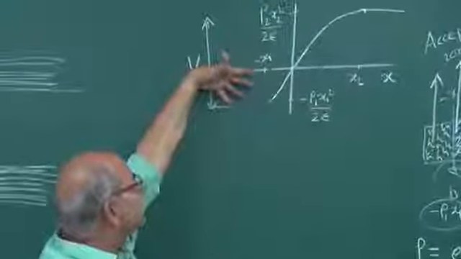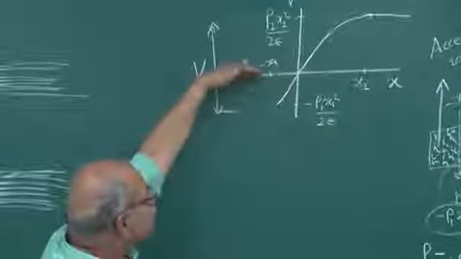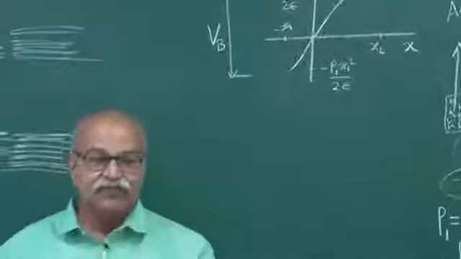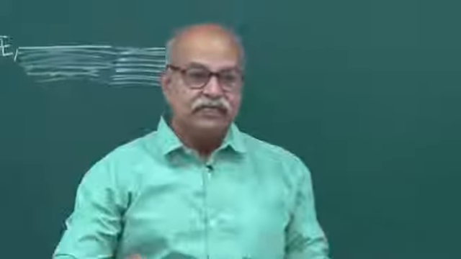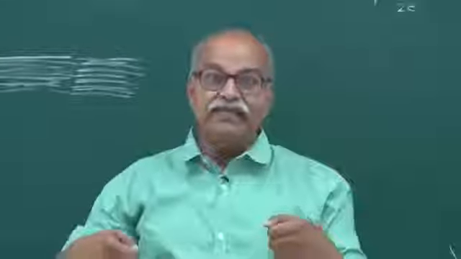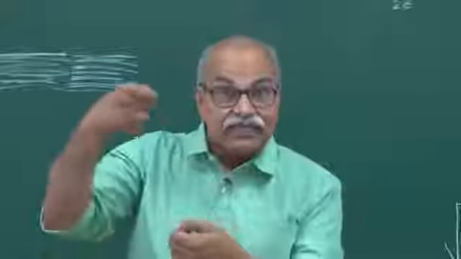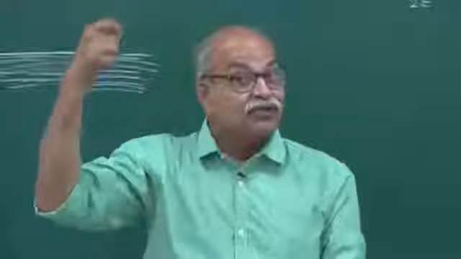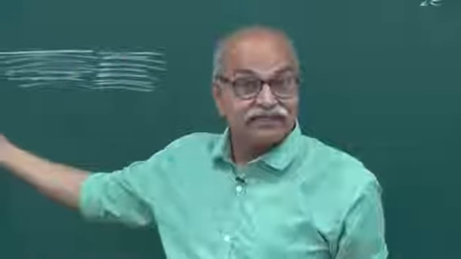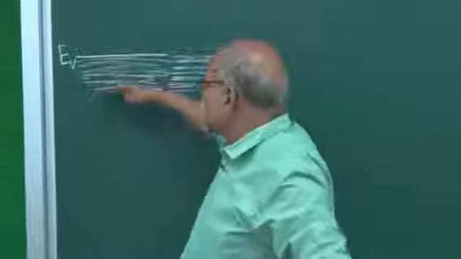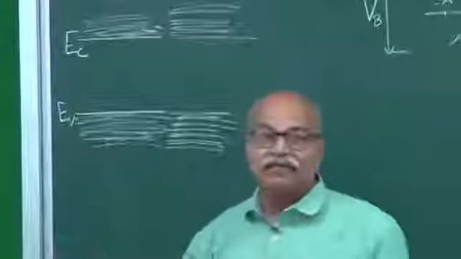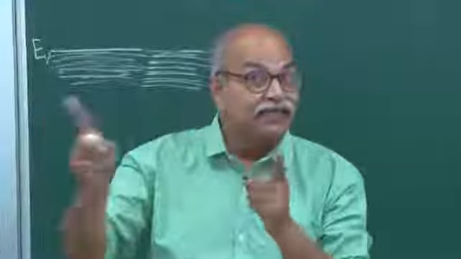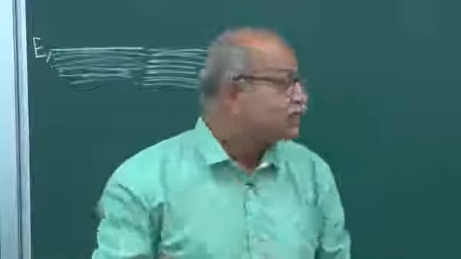On p side, the potential has gone down. That means systematically you are changing the energy levels, all the energy levels upshift, right? Because what we are showing is the electron energies. These are the energy levels for electrons, and therefore potential and energy, you will have a negative sign in between, right?